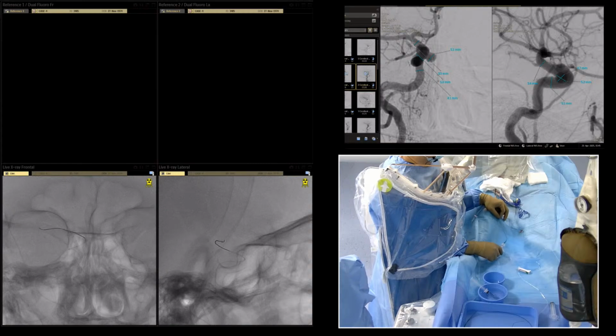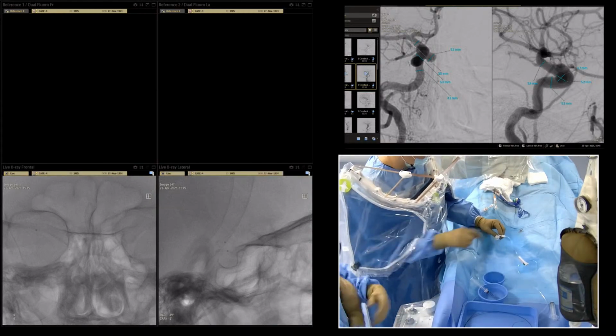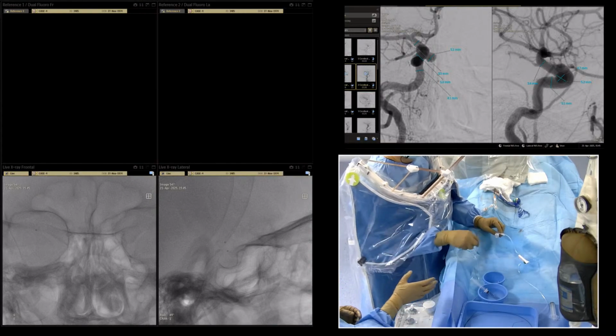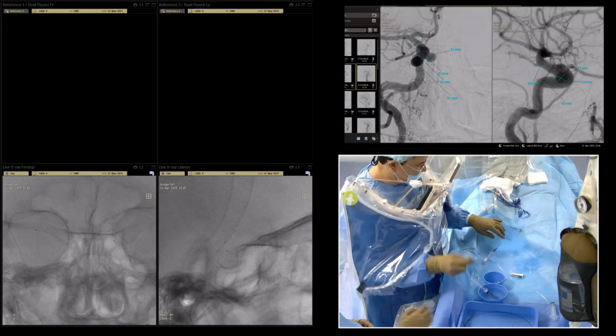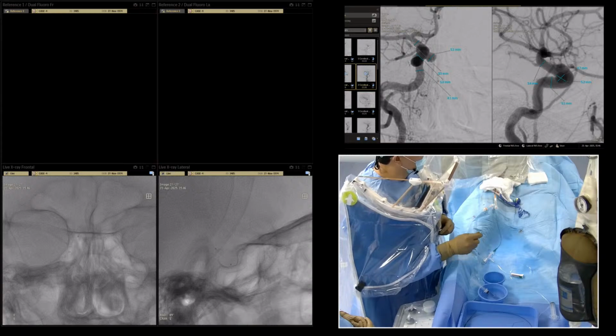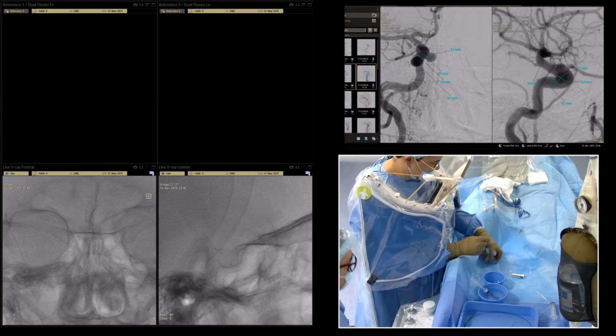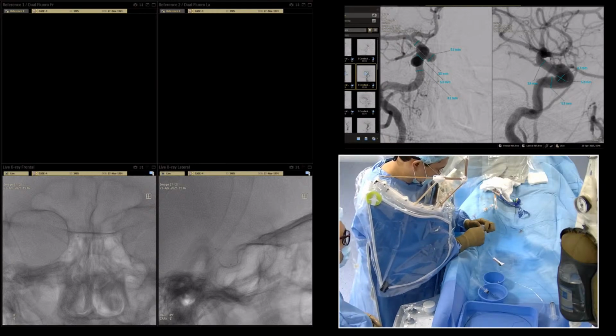Pipeline shield, yes. It's 13 millimeter. The artery proximal is nearly 5 millimeter. I just touched the Y connector with the wire and everything moved.